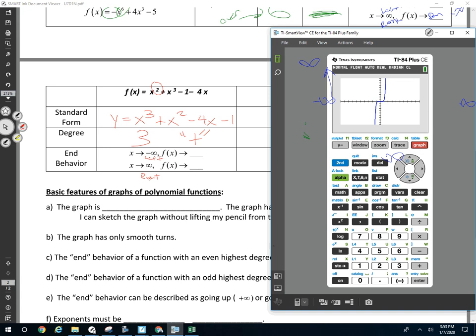What do you think x cubed plus x squared minus 4x minus 1 looks like? If I go to the left, am I going up or down? Everybody, if I'm going to the left, am I going up or down? Down. If I go to the right, am I going up or down?